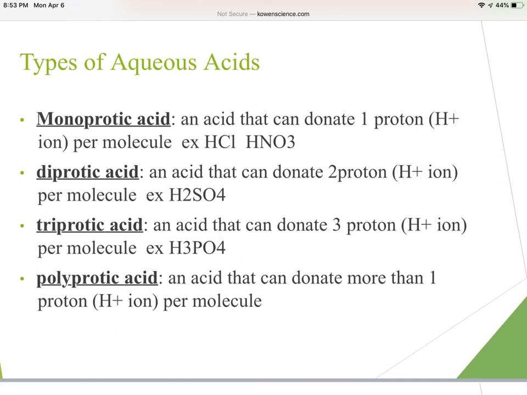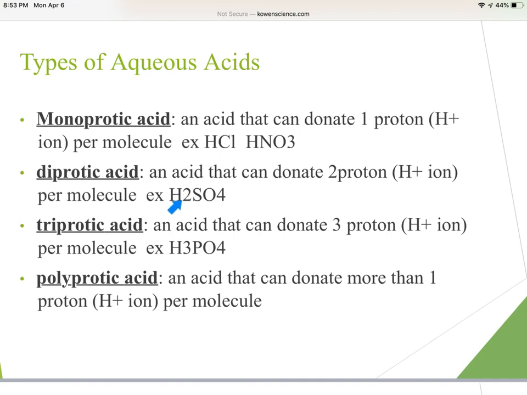Okay, and then when we look at acids, we can also classify the acids based on how many hydrogens or protons are present. So if we look at these right across here, you're going to notice in this one, they only have one hydrogen. So if we have a chemical formula, it's an acid and there's only one hydrogen, we call that a monoprotic acid.